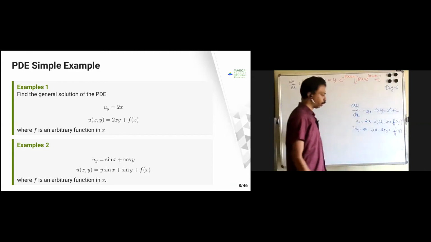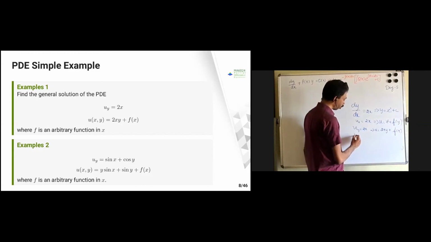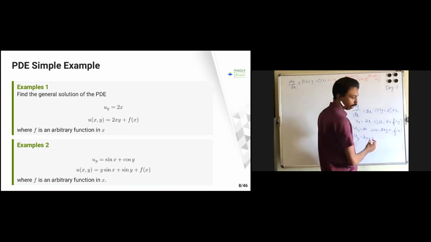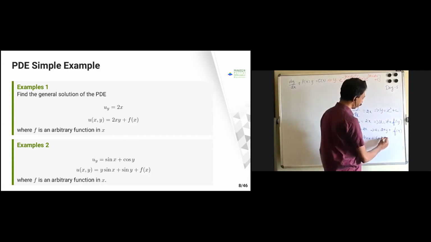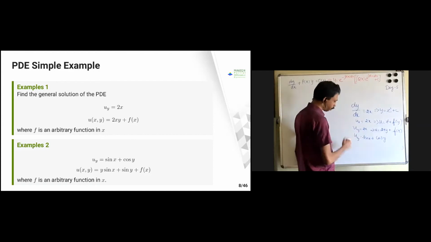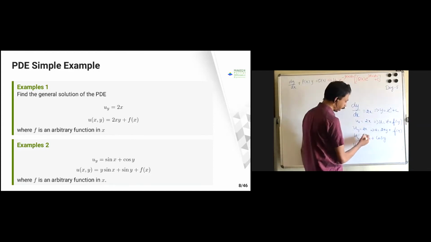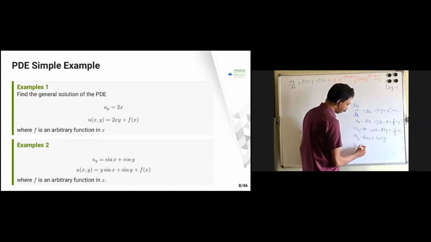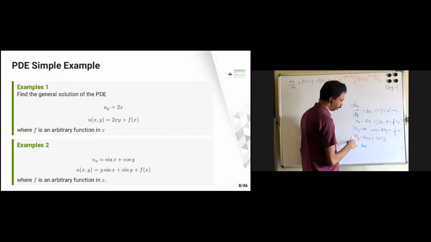Now next one, uy is equal to sin x plus cos y. Then I got to integrate that with respect to y. Here no y is there, therefore sin x stays as it is, because for me it is a constant, since I'm integrating with respect to y.